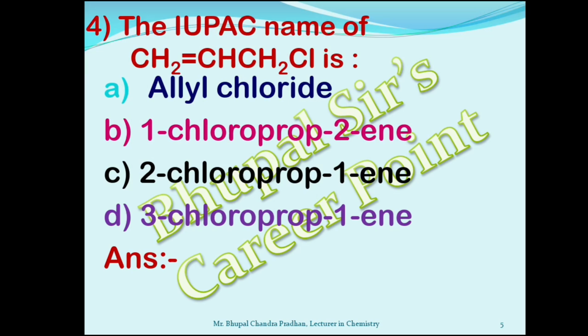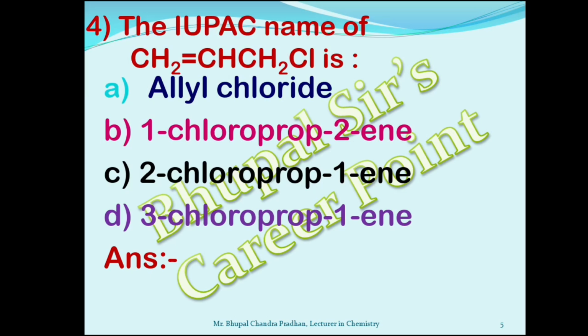Let us analyze the question. The numbering is done giving priority to the functional group, then multiple bond, then side chain. Here there is no functional group. So if the carbon atoms are numbered from the left hand side, the double bond will come at carbon one.